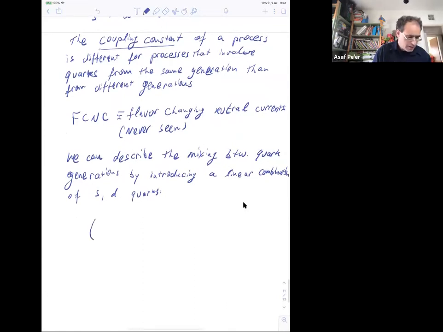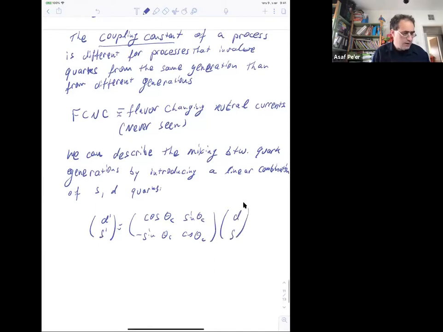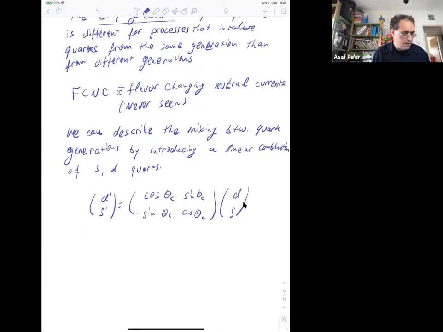So we can say, D prime, S prime is cosine theta C, sine theta C, minus sine theta C and cosine theta C, of the D and S. Now the C here, let's see, is the Cabibbo angle.